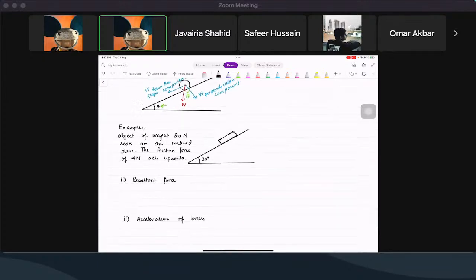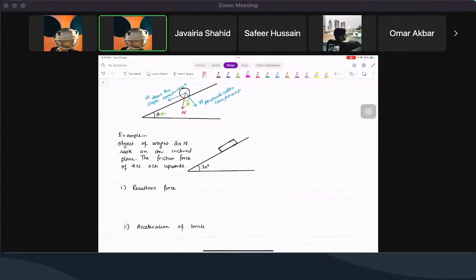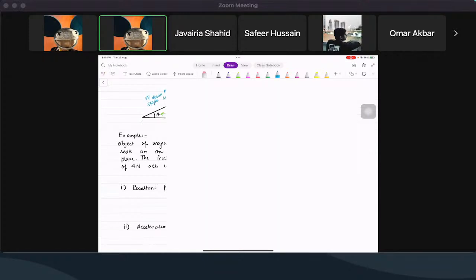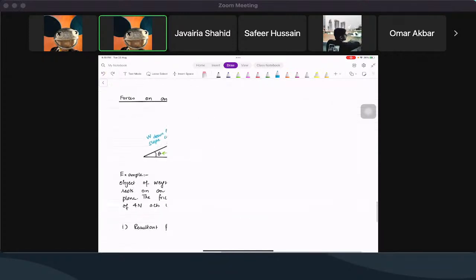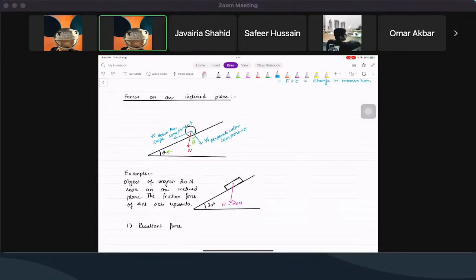Now what I'm saying is, the first thing you should always do, the first step, is to make the weight vertically downwards. This is the weight, and the weight was basically 20 newtons, right? I'm going to write W. Then one component of the weight always down the slope and one component perpendicular to the slope. And the angle 30, like I said, will always be there.